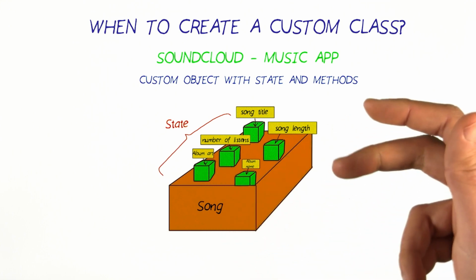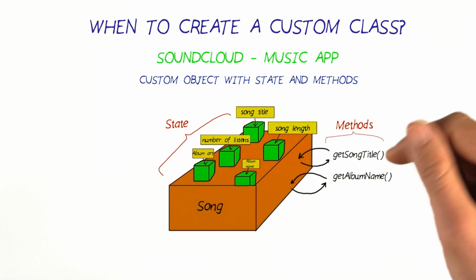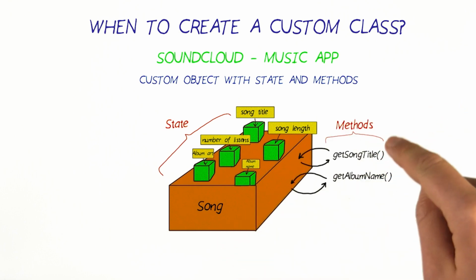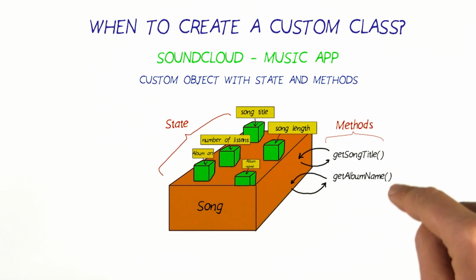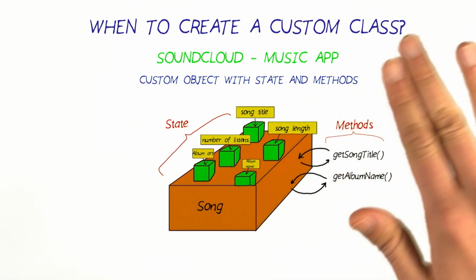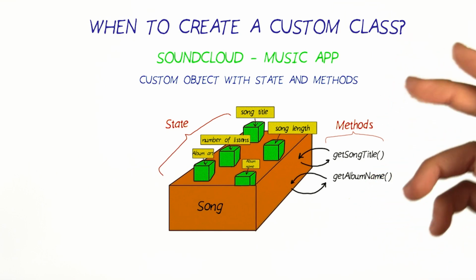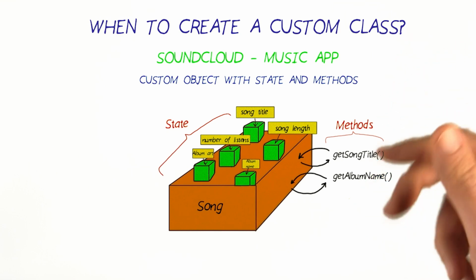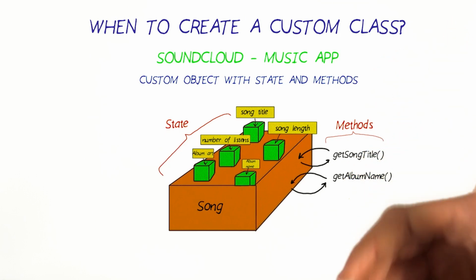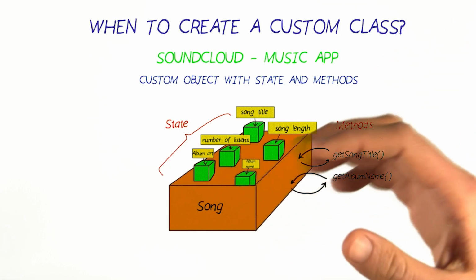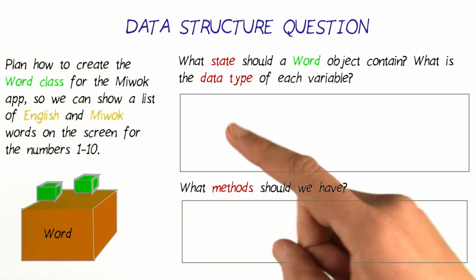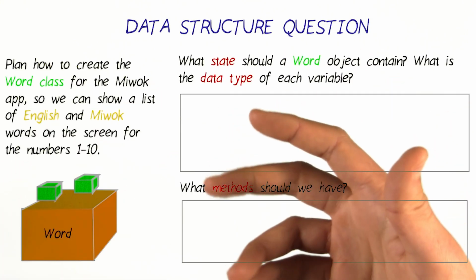In addition to the state, we can encapsulate methods into this class as well. This song object could have different methods such as get song title or get album name. Similar to the flight class, here we're abstracting away the details of the class, so outside callers can use these methods without knowing the details of them. As you can tell from these examples, there are advantages to encapsulating or grouping information into the classes that you've defined. Now it's your turn to think about the problem at hand.